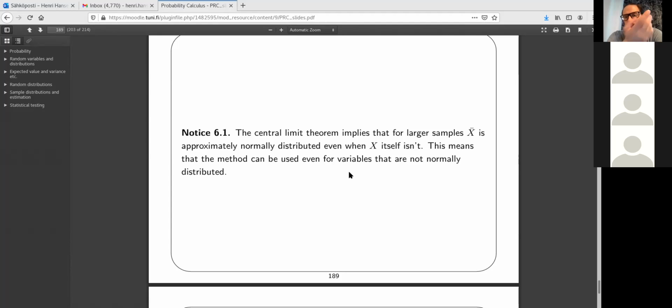So just be sure that you understand that if you have a small sample size, then rejecting or accepting the null hypothesis is not necessarily very informative.